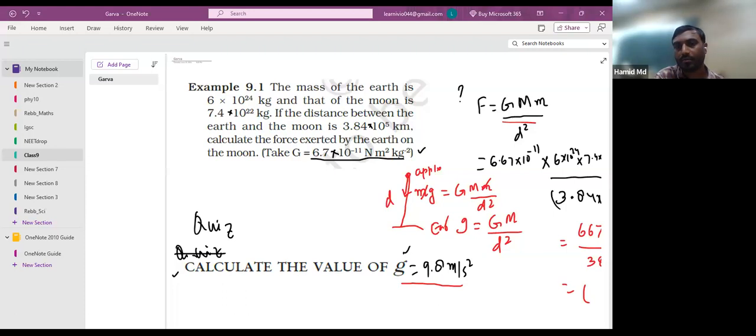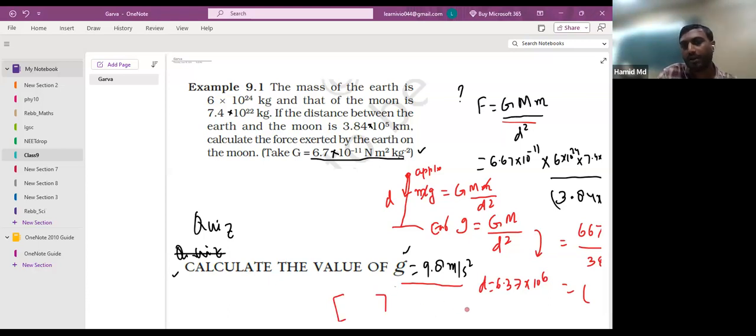So replace d equal to 6.37 into 10 raised to the power 6, and the mass in kilogram. If you put all these values in this equation, you will find g.